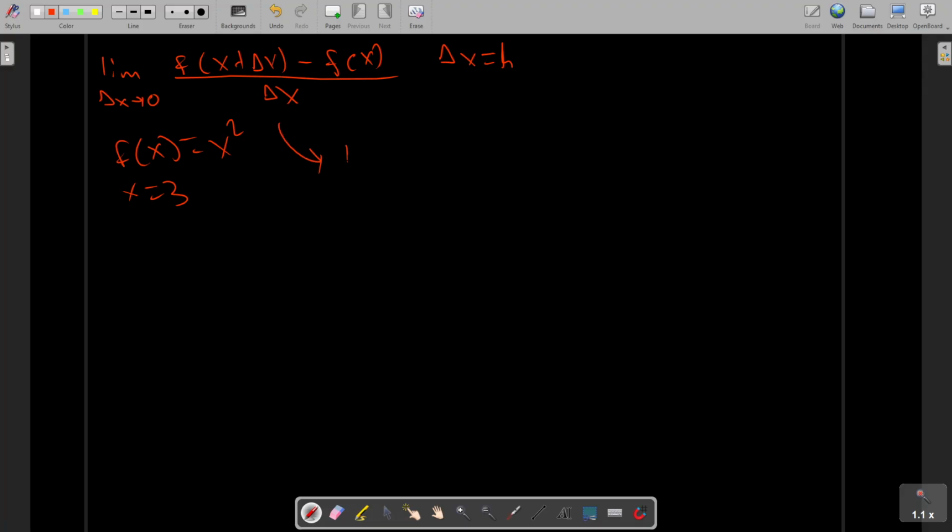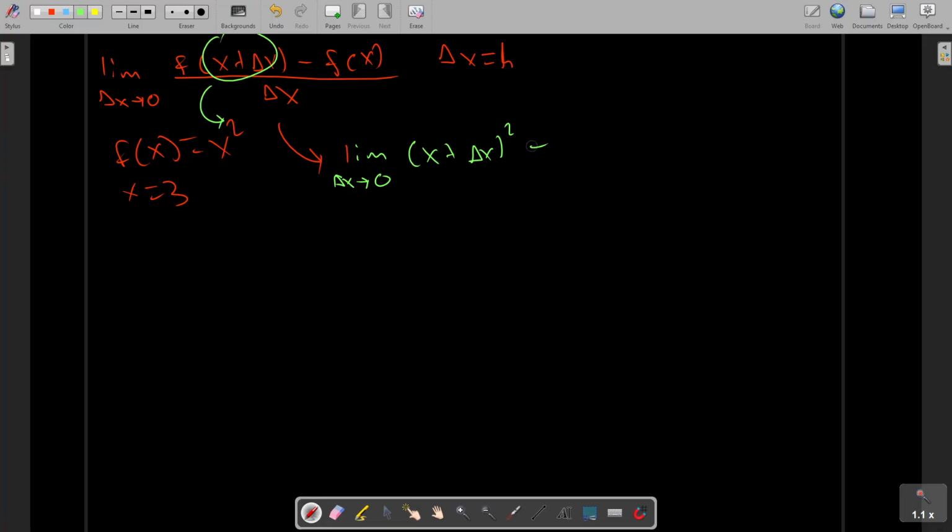We would write, just let me use a different color, the limit as delta x approaches 0 of f of x plus delta x, which in this case would be x plus delta x squared, because you're just replacing what's inside here with the x here.